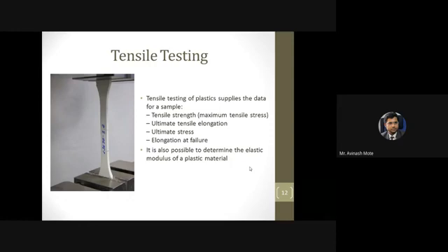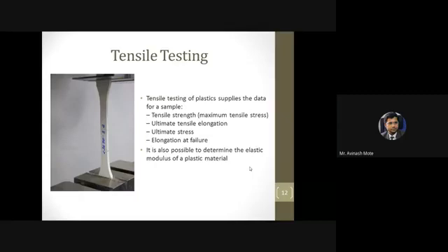And true strain is the strain when you consider the instantaneous change in length. In engineering strain, you are considering the final change in length and not the instantaneous one. If the length of the bar is 10 meter and after elongation it has become 15 meter, the change in length is 5 meter, but that is at the end, not instantaneous.